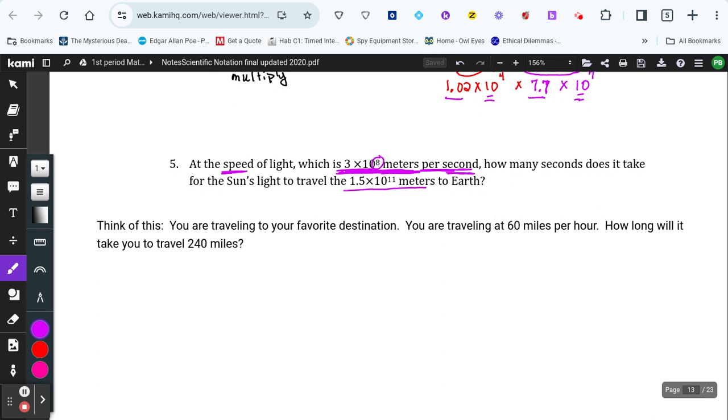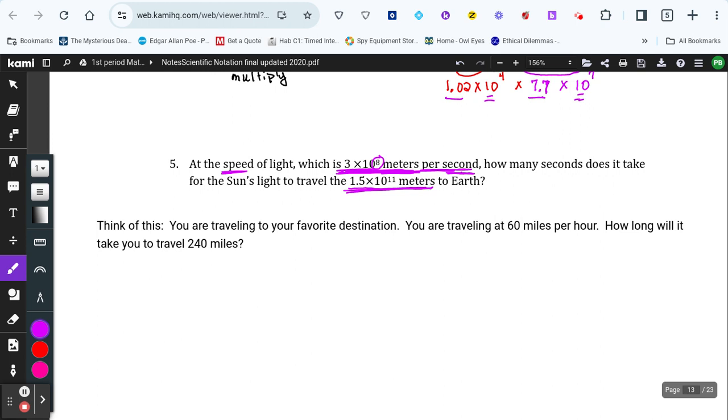That's 8 zeros, okay? But it can travel that fast in 1 second. So light travels pretty fast. All right, so how long would it take for light to travel that many meters in all?